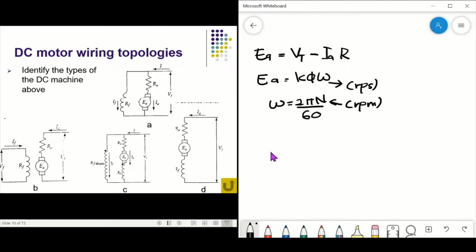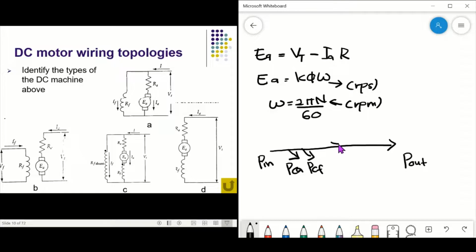If you still remember, here we have P in and then P out. Along this line are the losses. First we have the copper losses, which are PCA and PCF.